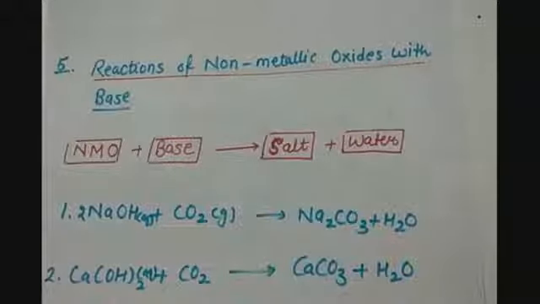That is why we have reactions of non-metallic oxides with bases, but not non-metallic oxides with acids. So when a non-metallic oxide reacts with a base, it forms salt and water. The same neutralization reaction takes place.